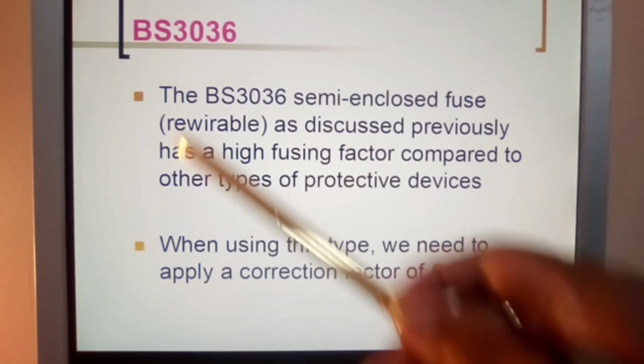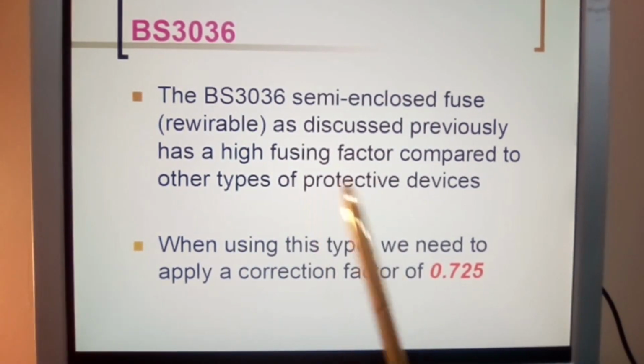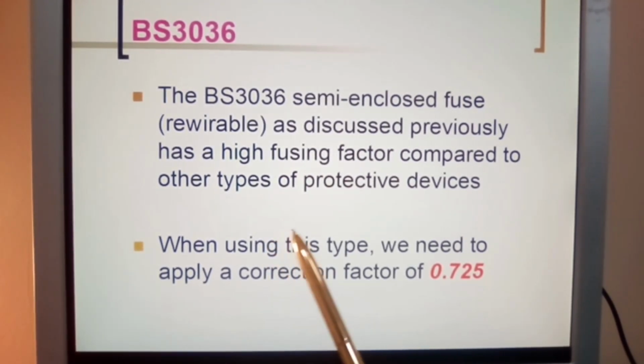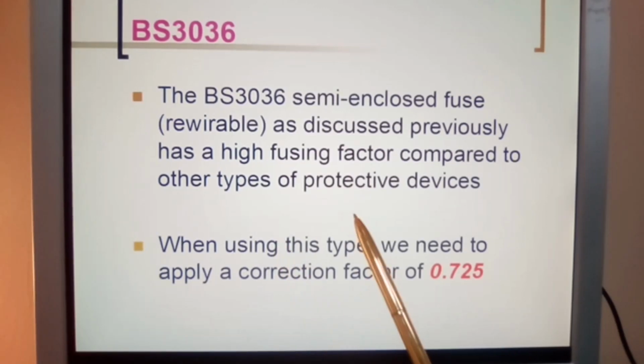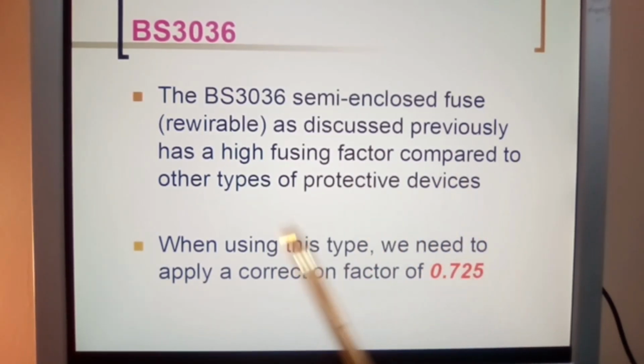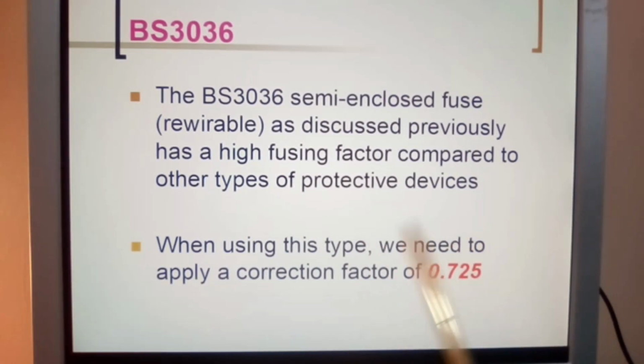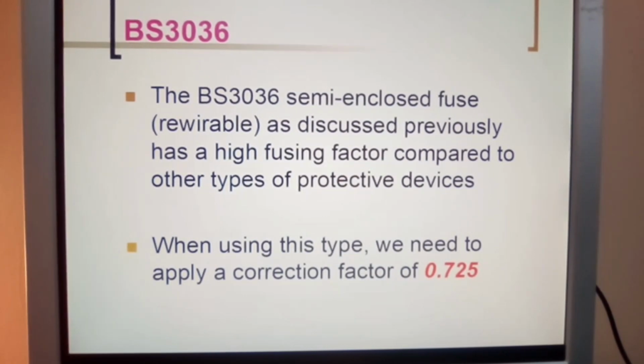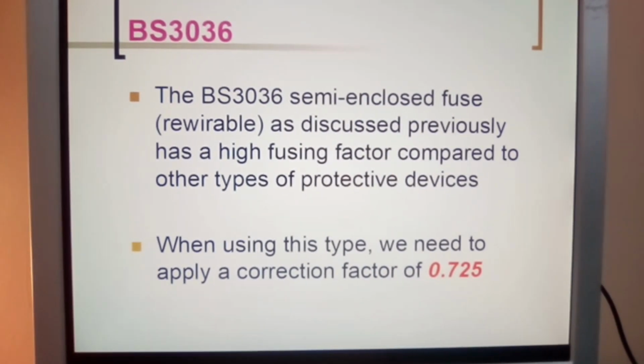BS3036 is a fuse, a semi-enclosed fuse to be precise, rubber type. As discussed previously, it has a high fusion factor compared to other types of protective devices. When using this type, we need to apply a correction factor of 0.725.